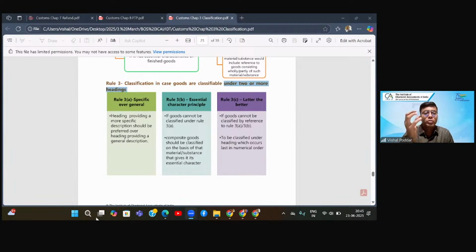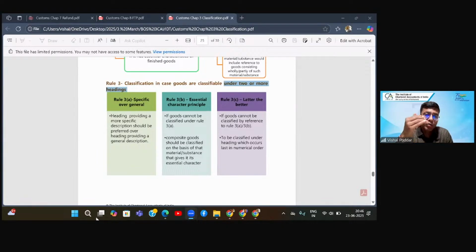A crude example I'm giving: mango lassi. So lassi is there, and in that you have put mango pulp or mango essence. Now I'm taking the example where you have put mango pulp. Now it is a mixture of 2 items. Let us say one chapter is covering lassi, one chapter is covering mango pulp; where will it get classified?